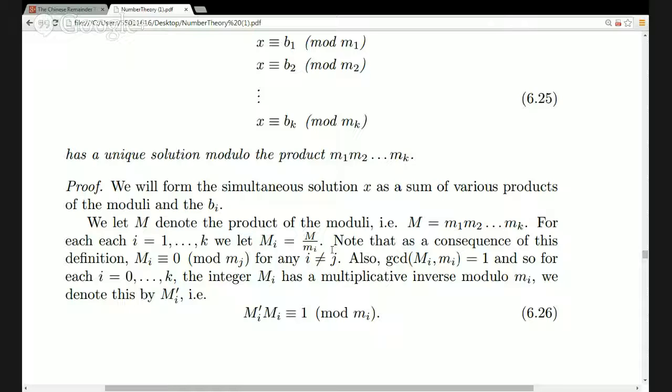Similarly, capital M2 is congruent to 0 modulo M1, which is 3, and also congruent to 0 modulo 7, which is M3, because M2 has got factors of 3 and 7. So the consequence of how we define these numbers, capital Mi, is that each of the capital Mi is congruent to 0 modulo all of the other little moduli, little m's.